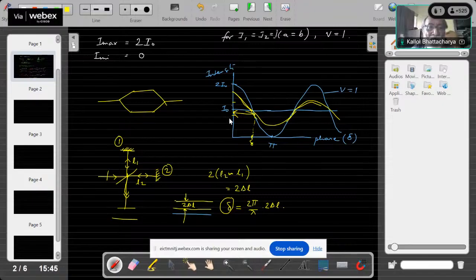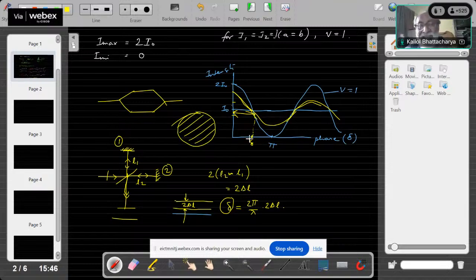Which means over your field of view, you will have a single intensity. There are no fringes. What we see is a uniform intensity region. Everything is uniform here.